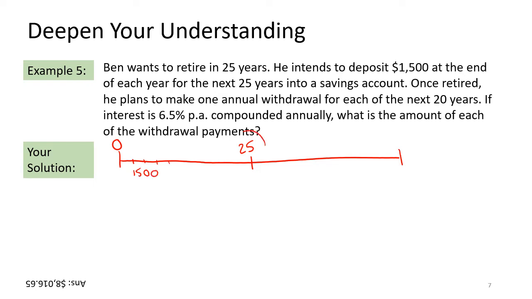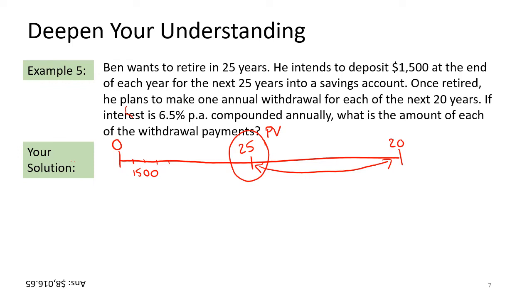So what you're going to find is we need to find the future value of the annuity at year 25. Then he's going to make one annual withdrawal each year for 20 years. So at this point, that future value calculation becomes the present value to figure out what the payment would be for his annuity for the next 20 years.